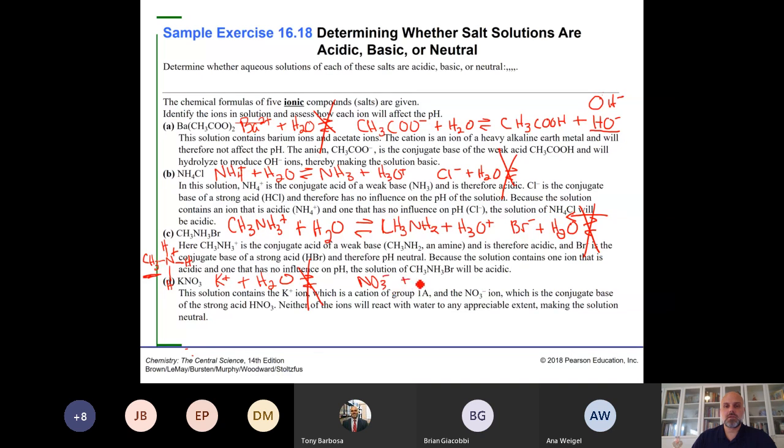Try to react that with water, and you can see in order for that to happen, you'd have to have HNO3 being formed, a strong acid. And we know when HNO3 dissolves in water, it completely dissociates in solution. Additionally, you'd have to form hydroxide ions, and hydroxide ions are strong bases, so these are never going to be formed in this particular solution.